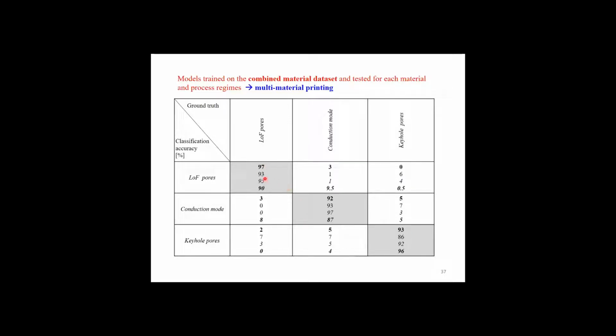That's very encouraging because if you want, for example, to combine different materials in multi-material printing, as long as each of the materials you're using is in the database, you can tell which kind of defects you have. And actually, you can do even better. You can say which material has been subjected to a given type of porosity.